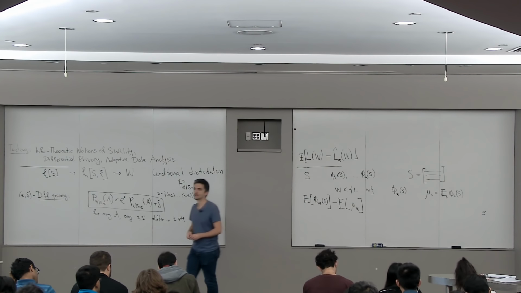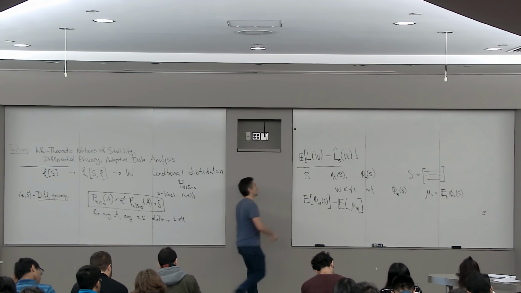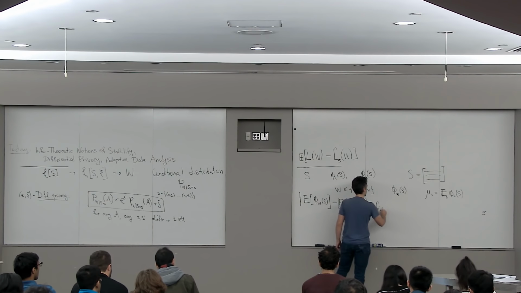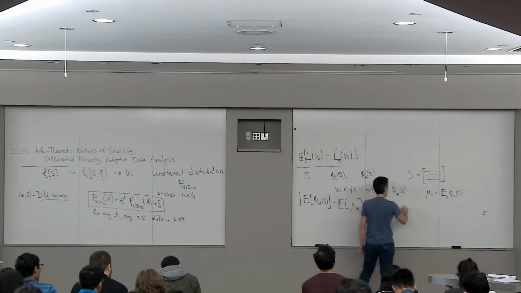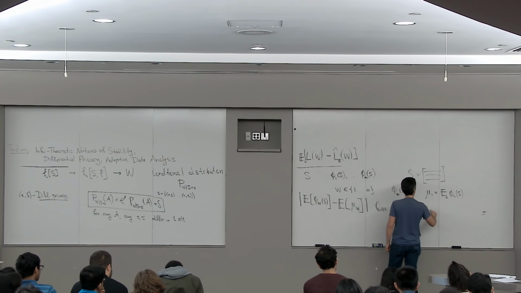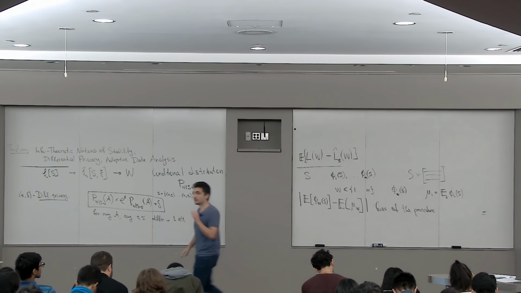Now, is this small? Well, that's not clear. This is the bias of the selection procedure. So is the difficulty clear?